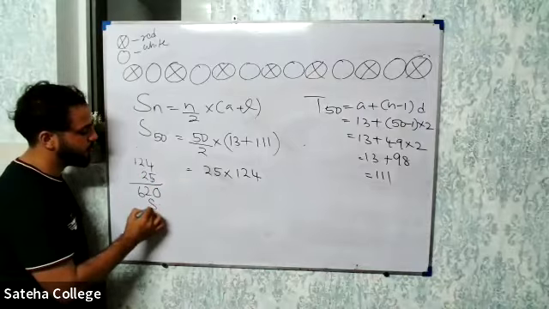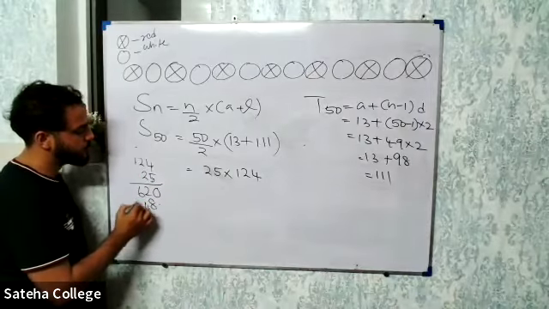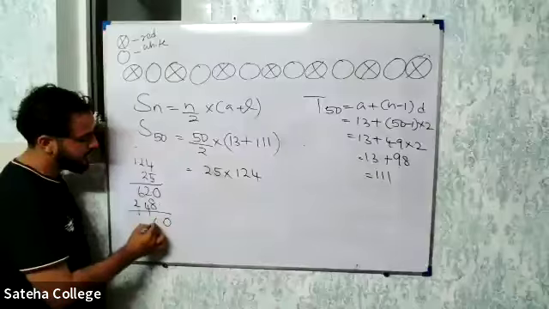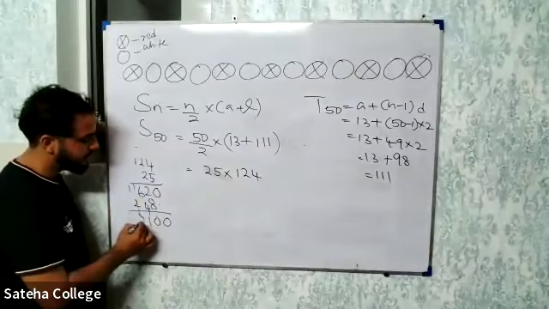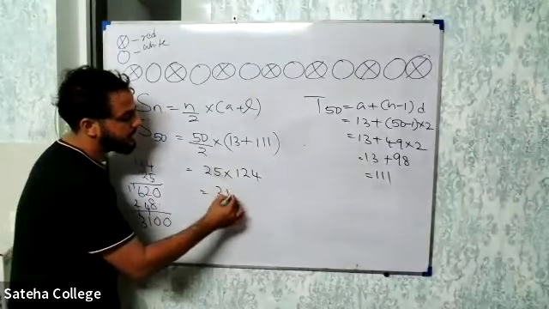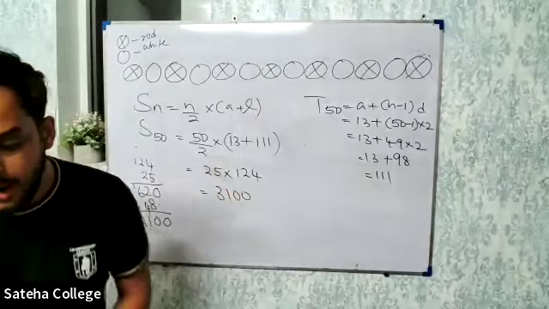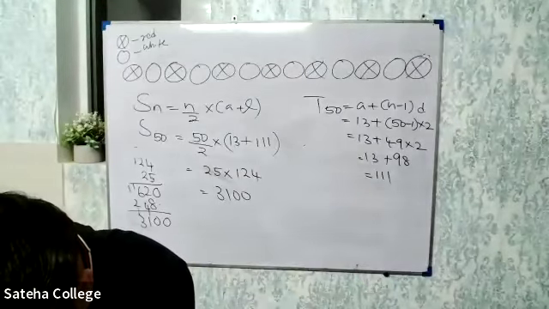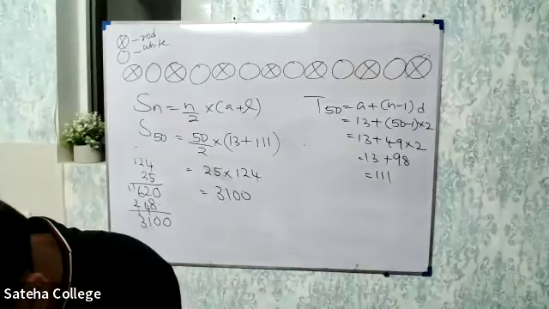Then 2 into 4, 8. 2 into 2, 4. 2 into 1, 2. Then in total, there are 3,100 shrubs. Is this clear, everyone? Yes, sir. Okay.